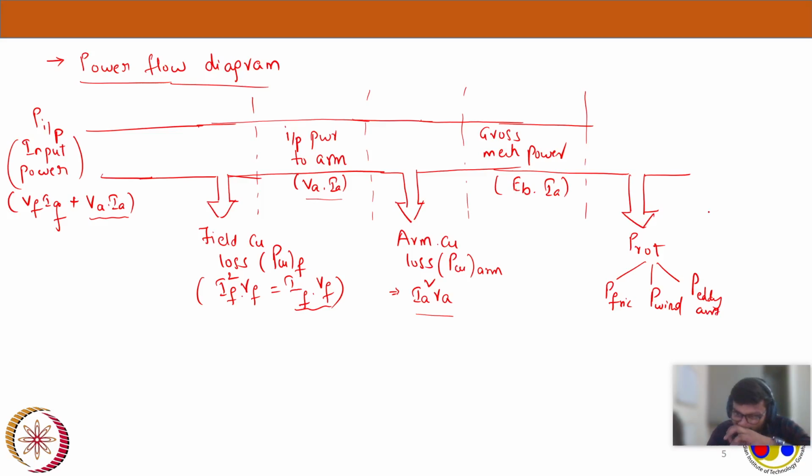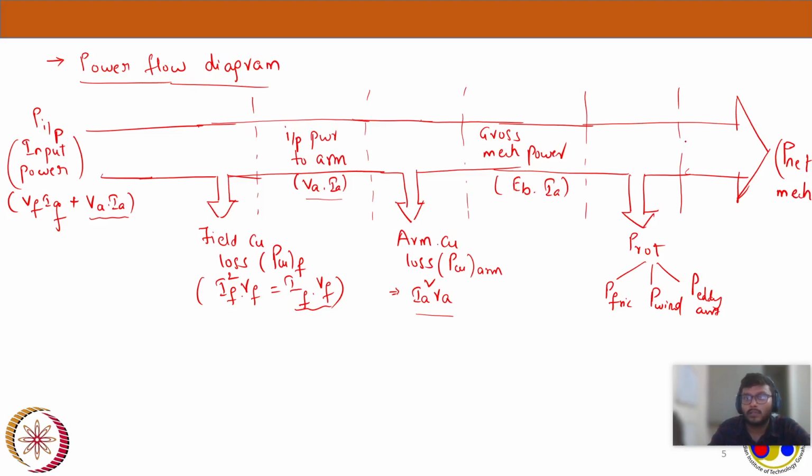So once you subtract these rotational losses from the gross mechanical power developed, you will end up with P net mechanical, which is also called shaft power.